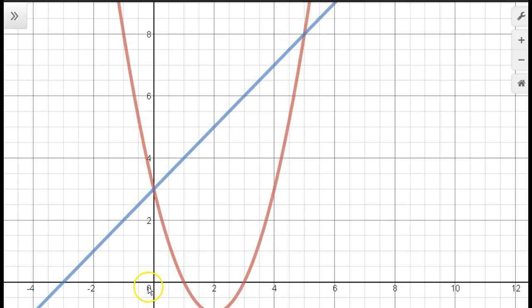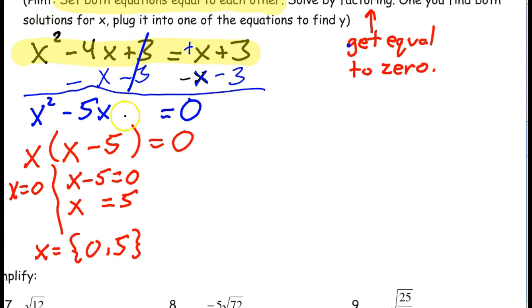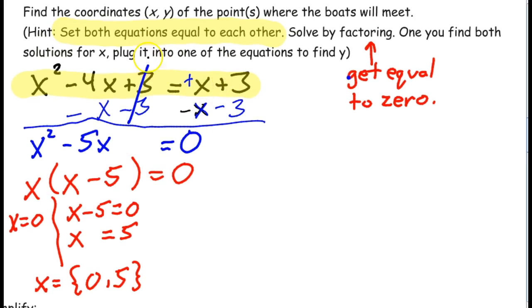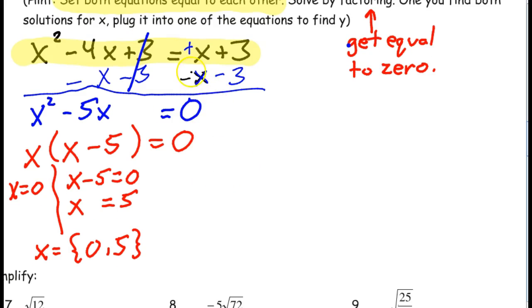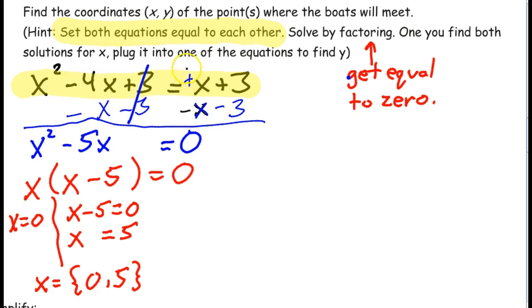So we want to plug in 0 and plug in 5, and you can find out where these exact points are. If we plug in 0 into either one, it doesn't matter because that's where they're equal. So we just plug it into, let's say, here. So we have 0 plus 3. This will be y equals, by the way.